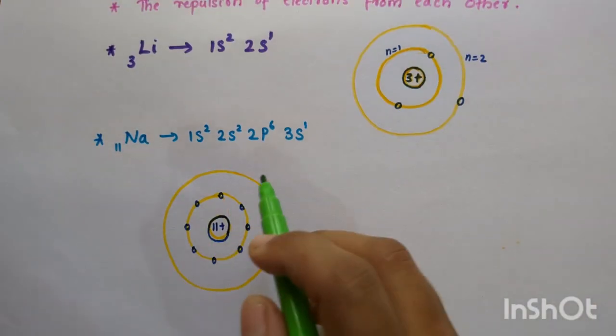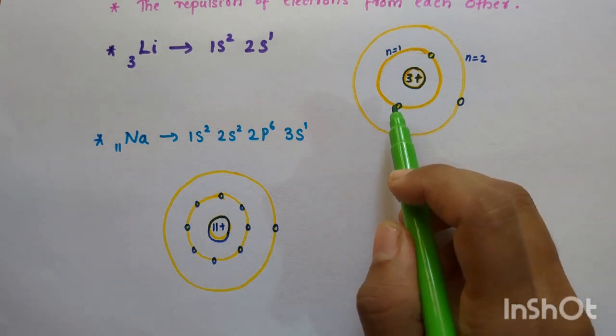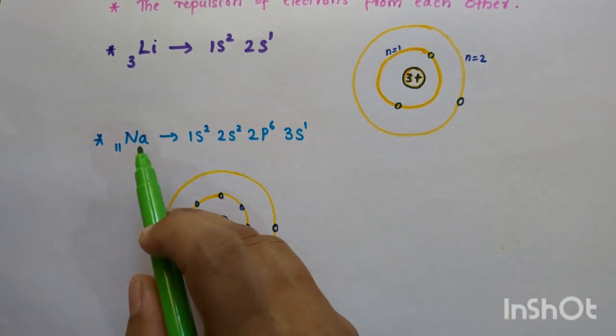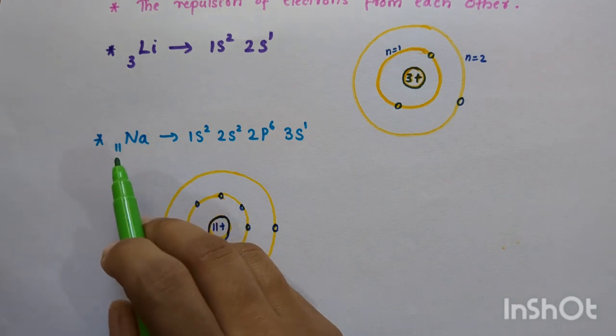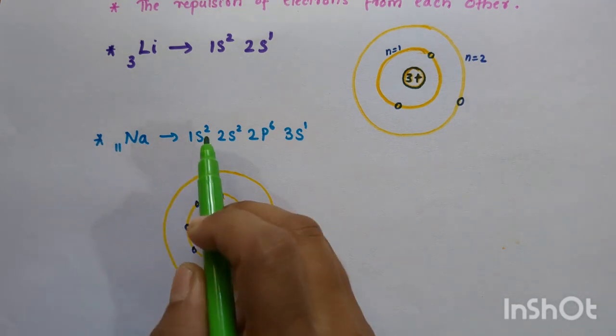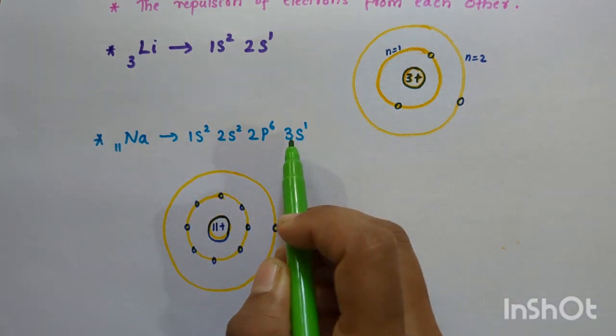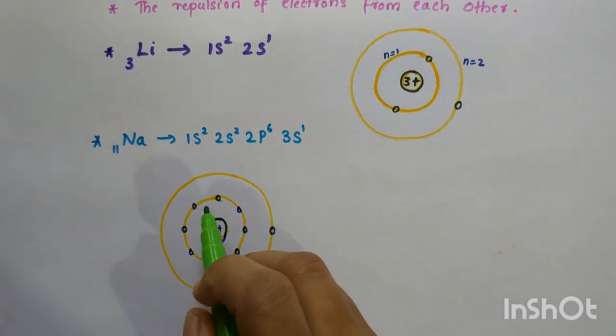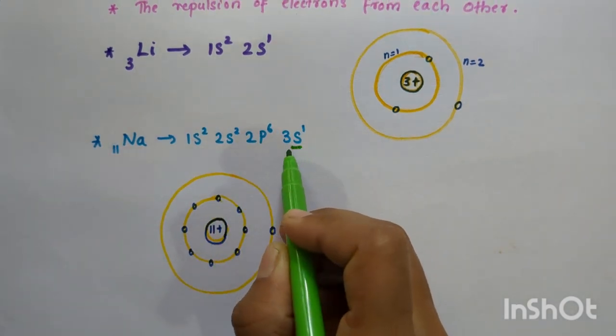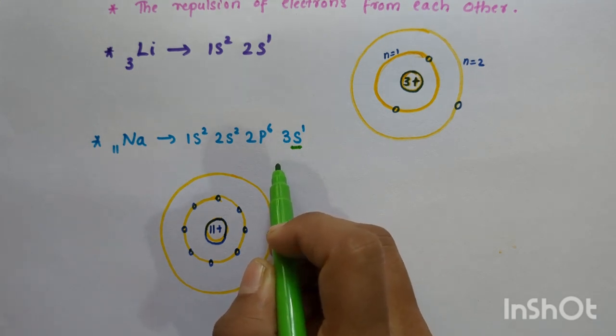We have already seen this case in lithium. Now, consider another alkali metal, sodium. Its atomic number is 11, electronic configuration 1s2, 2s2, 2p6, 3s1. Here also, there is only 1 electron in the outermost orbital.